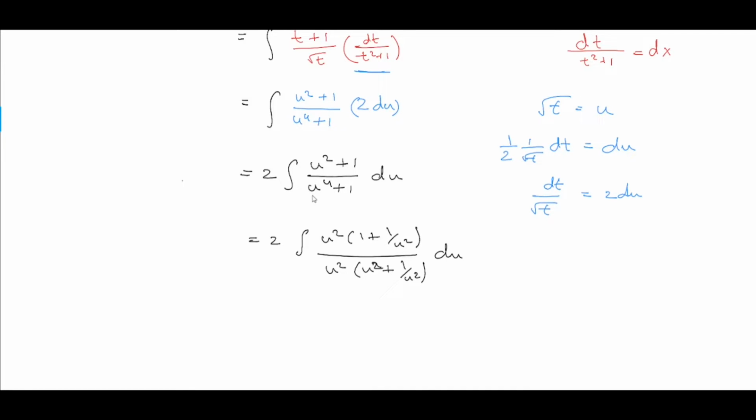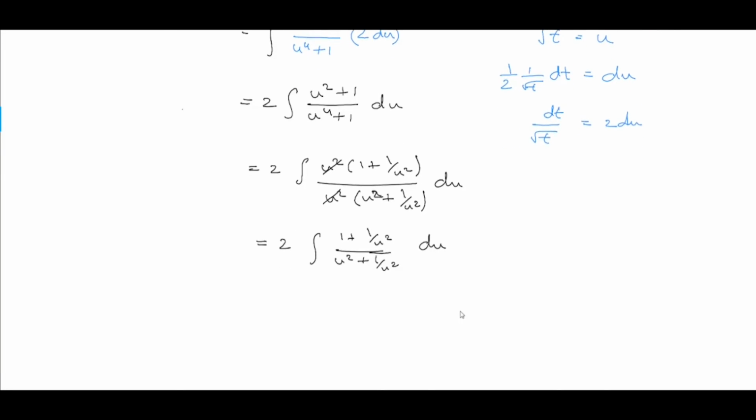If I say v equals u power 4 plus 1, that won't satisfy my numerator, and I'd just repeat multiple steps again and again, not getting to a finite answer. But if I have u square in the denominator, the substitution might become easy, and as a matter of fact it does, you will see. So my u square will get cancelled. So 2 times the integral of 1 plus 1 by u square over u square plus 1 by u square du.